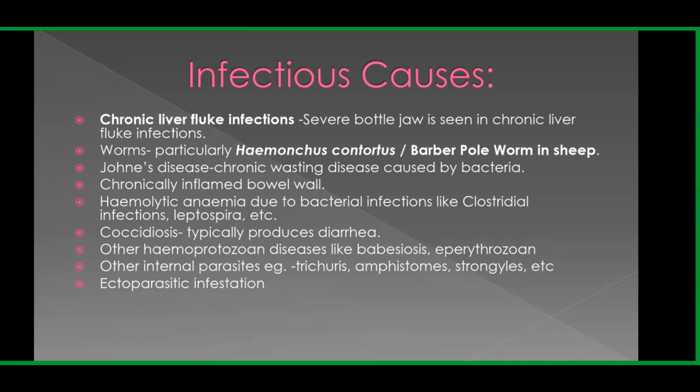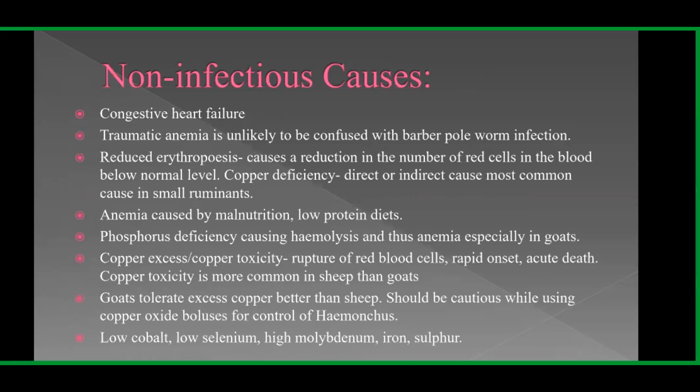Then ectoparasites, very common in sheep, goat, and ruminants. Ectoparasites also keep on sucking the blood, and this will lead to anemia. And all these factors which lead to anemia will lead to reduced intravascular oncotic pressure, and that will lead to edema.